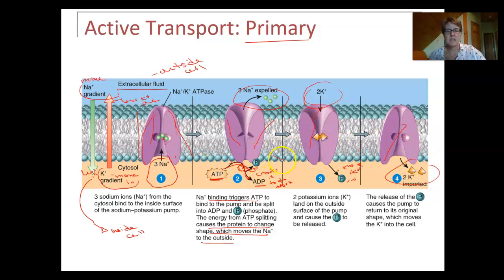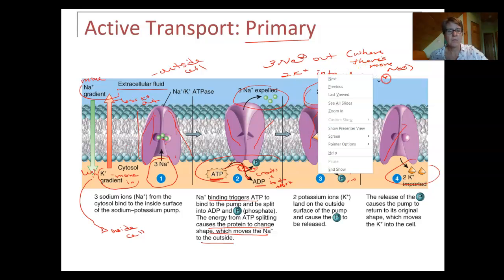So I've used ATP, I've used energy to pump 3 sodium out where there's more sodium. Okay, 3 Na+. And then I have brought 2 potassium into the cell where there's more.